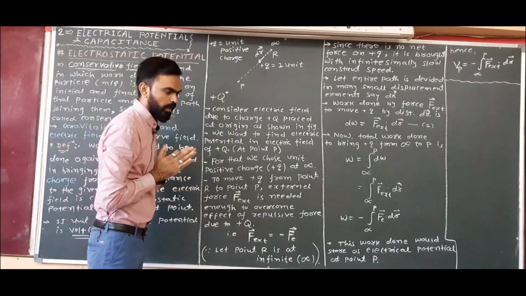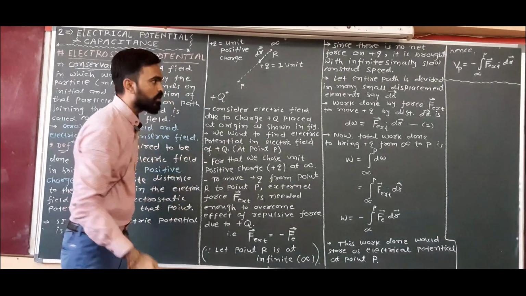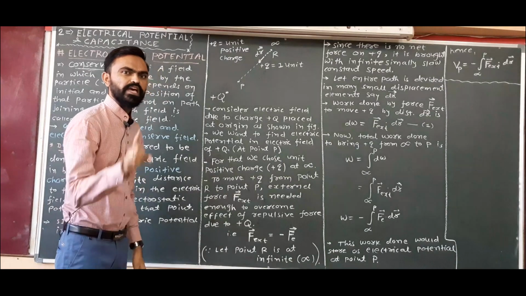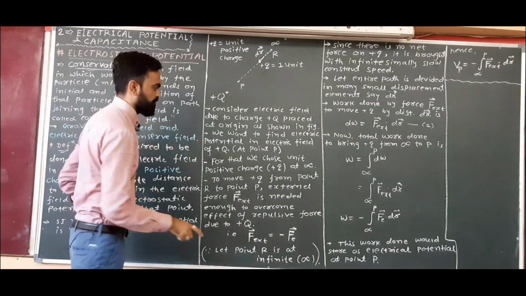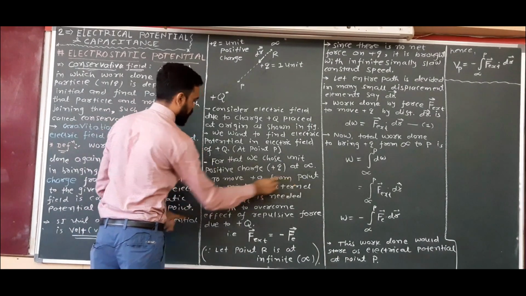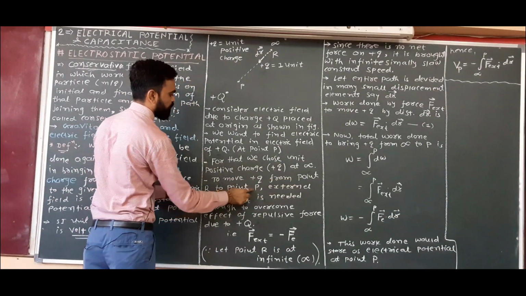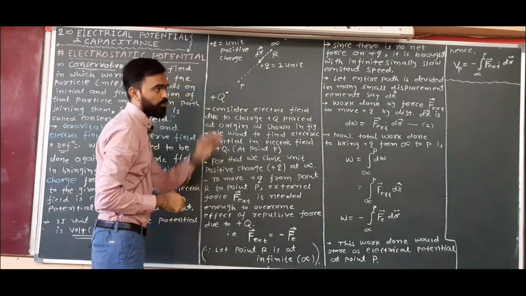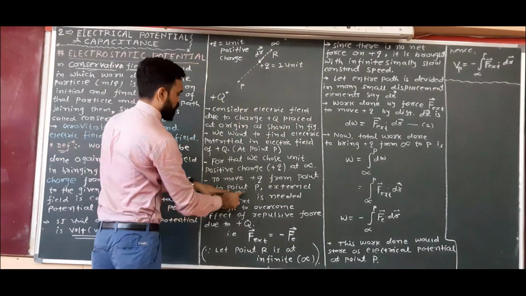Now, how much force is needed to push this charge q? This is the F external force, to move q from point R to point P. Point R is taken as infinity.